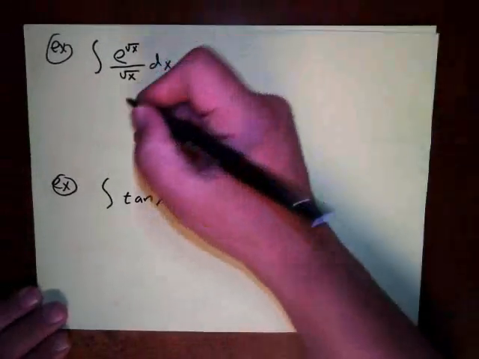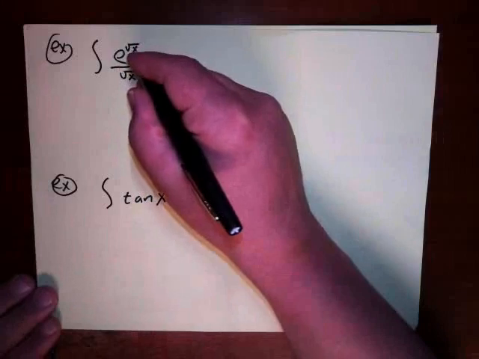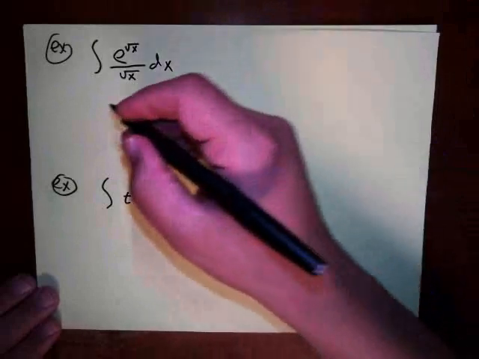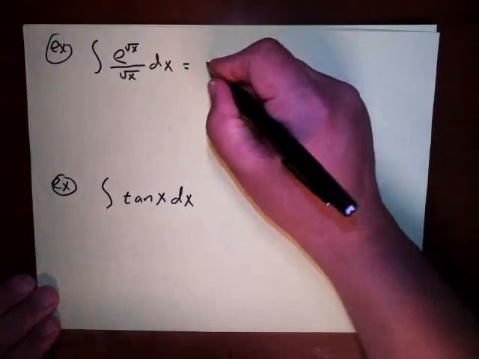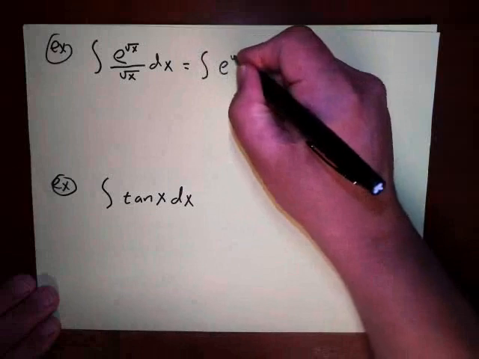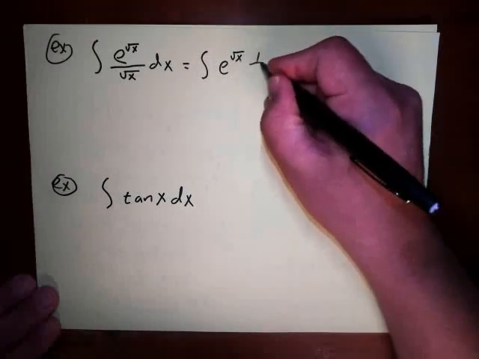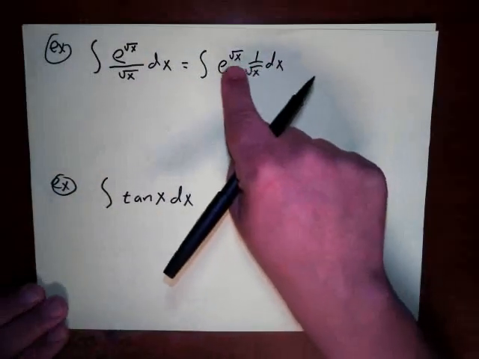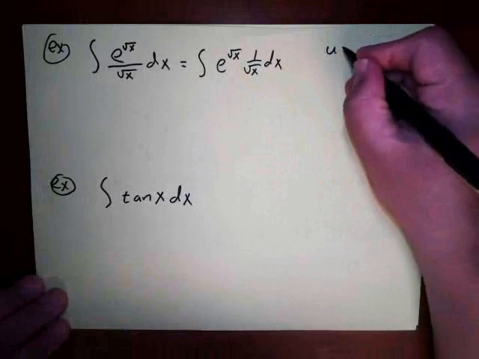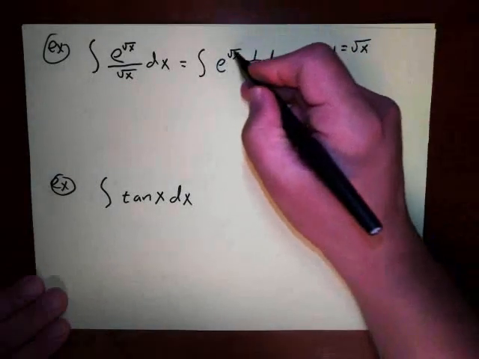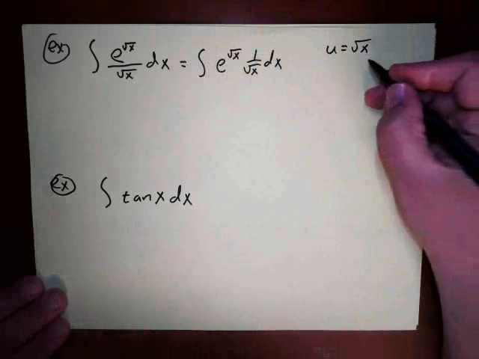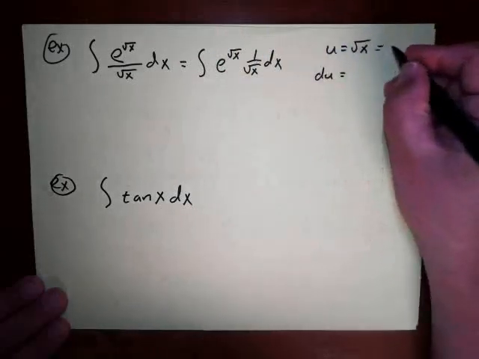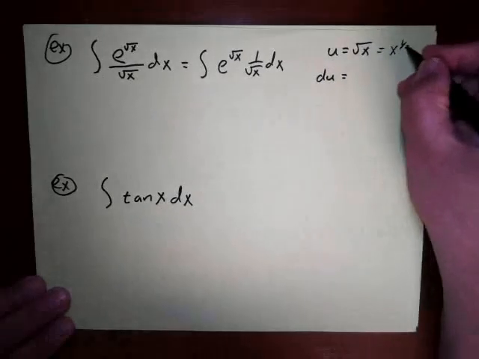Let's see here. Okay, so I got a lot going on up here. I got e to the square root of x, and all that is divided by the square root of x. Okay, like this it might be a little bit hard to see, but if I wrote it like this, e to the square root of x, and then wrote 1 over the square root of x dx, then it's a little bit easier to see, because I know that if I let u be the square root of x, that's the inside function, it's inside an e to the x, then I know the derivative du, I'm bringing down, this is like x to the 1/2, right?